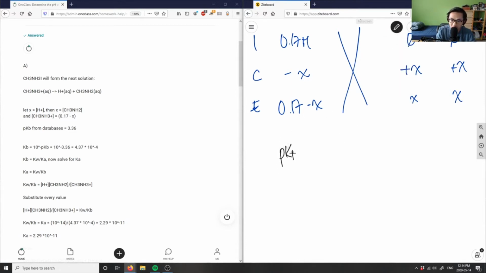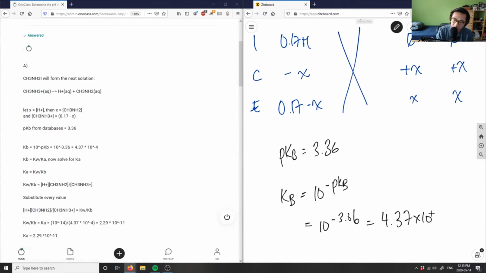If my pKb is 3.36, then my Kb is simply 10 to the negative 3.36. Taking out my calculator, 10 to the negative 3.36 gives me 4.37 times 10 to the negative 4, as stated here, which is great. This is our Kb here.